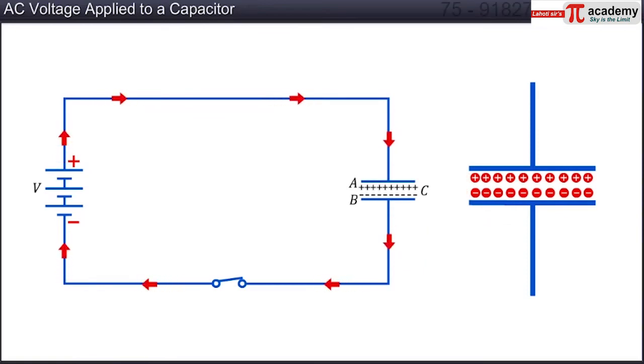When the capacitor is fully charged, that is, the plates cannot take any more charges, the capacitor fully resists the current and the current in the circuit falls to zero. This state of a capacitor is known as a steady state.